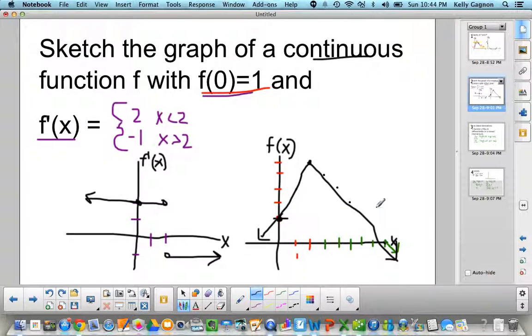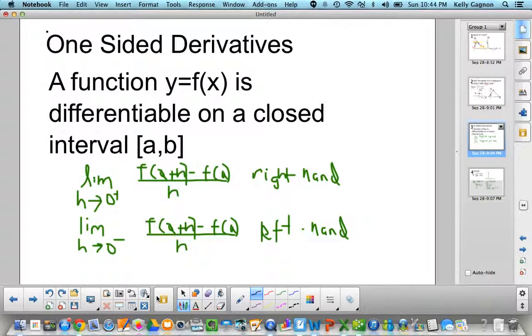So that is the graph of my function. It's continuous and has a point at (0, 1). The derivative for x less than 2 has a slope of 2, but the derivative after 2 is -1. And last, we can talk about one-sided derivatives the same way we talked about limits.